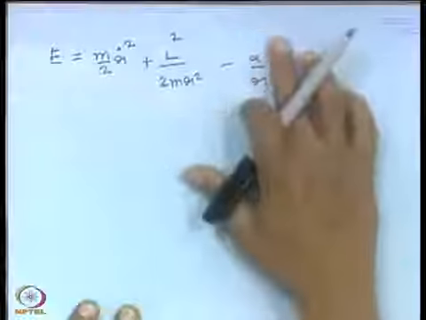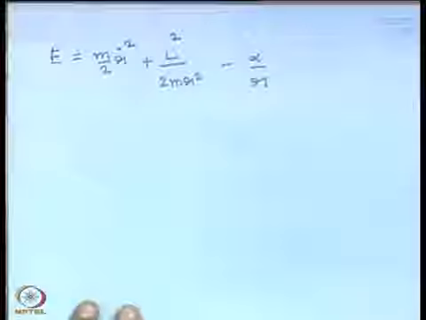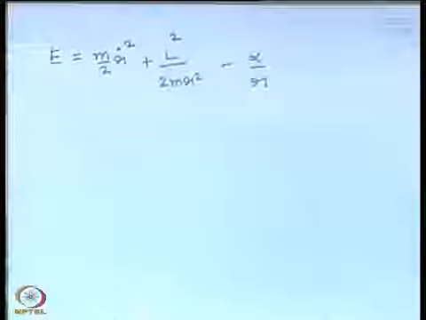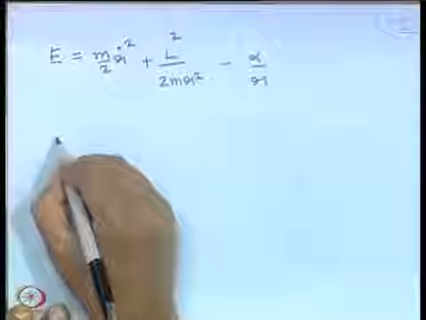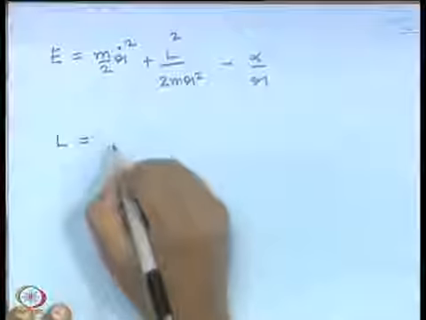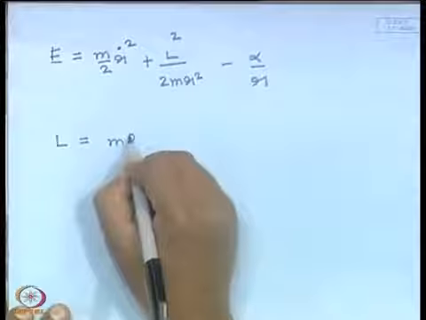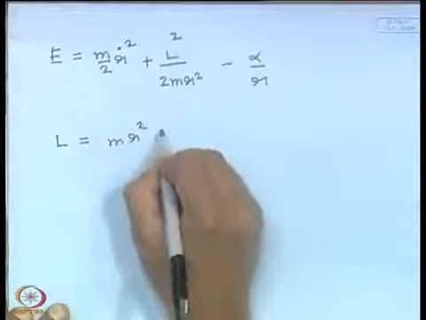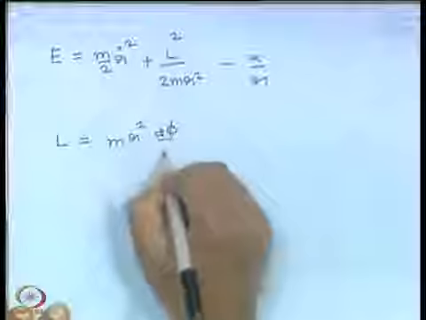This is the gravitational interaction. We also have the angular momentum L, which is m r square d phi dt.